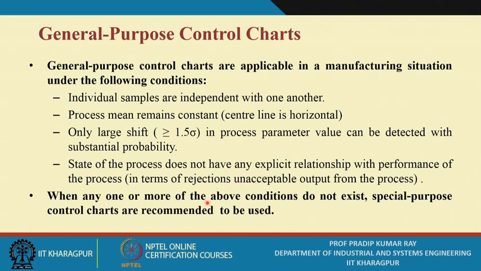When any one or more of the above conditions do not exist, special purpose control charts are recommended to be used. So I think it's made very clear that if someone asks you under what conditions a special purpose control chart is to be used, you will be able to highlight those special conditions.